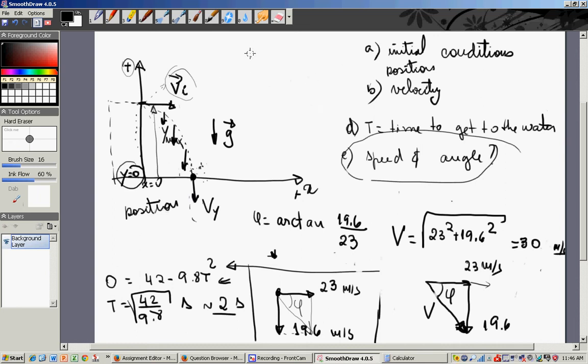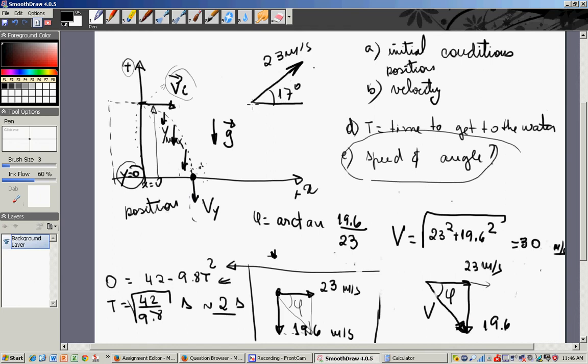And below the horizontal, then you would be done with the problem. Now, if you can organize your thoughts to solve this problem the way we went step by step, you can do any problem with projectile motion, but you have to practice.